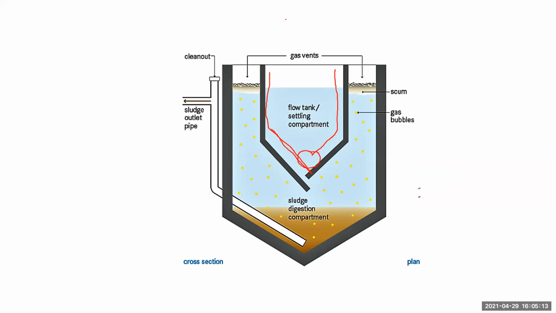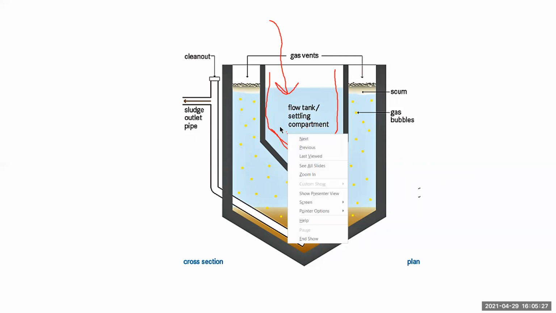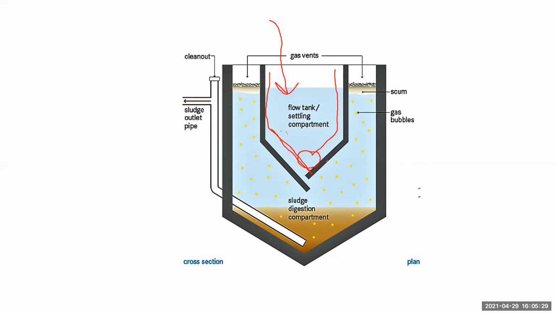Now, whatever waste is disposed of directly comes inside the upper chamber. Then the solids will settle down in the upper chamber. Then through this opening or slot, the solids fall into the lower chamber, that is the sludge digestion chamber.